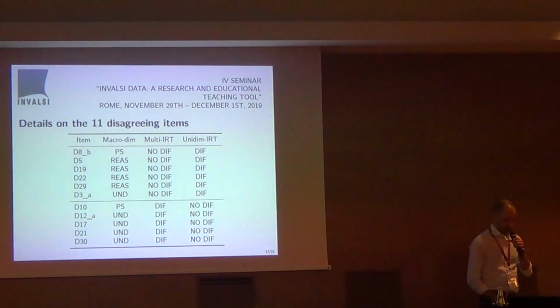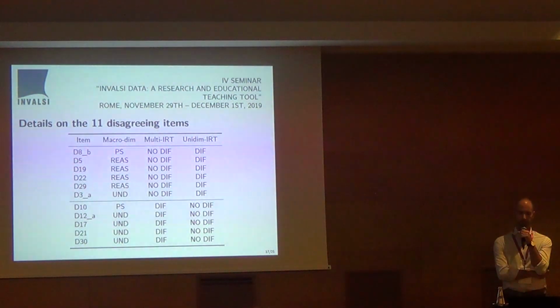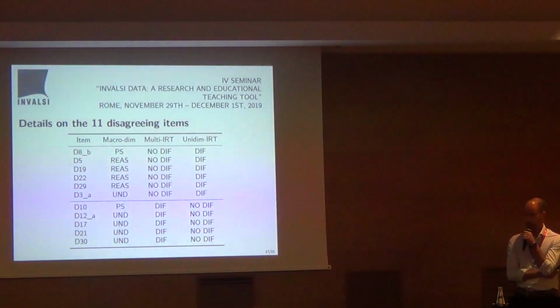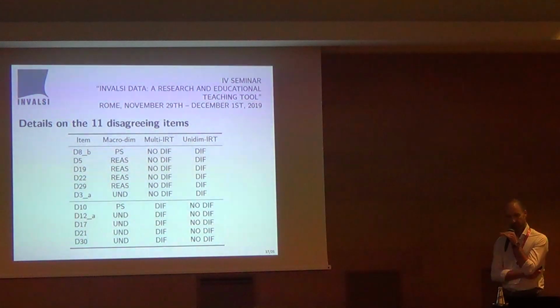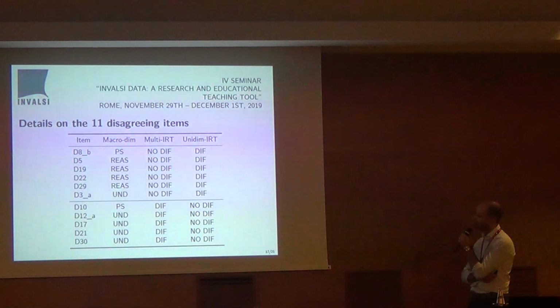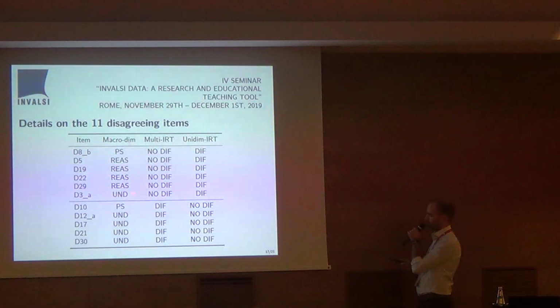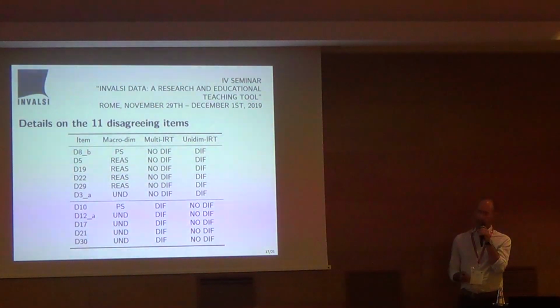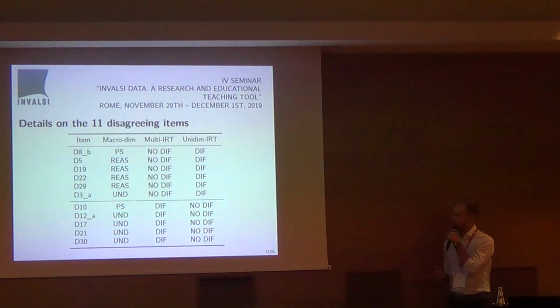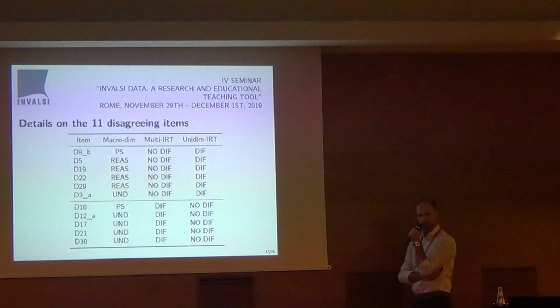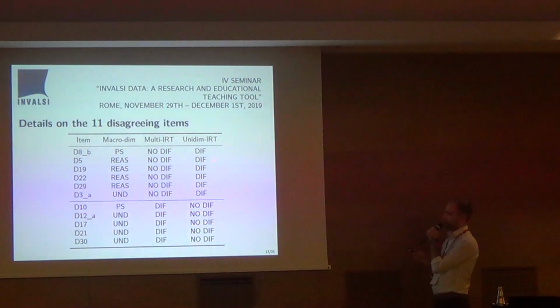And in particular, these are the details of the 11 disagreeing items. This means that for these items, one method detects DIF and the other does not. For example, for these first 6 items, the multidimensional IRT method does not detect DIF for this item, while the unidimensional does.